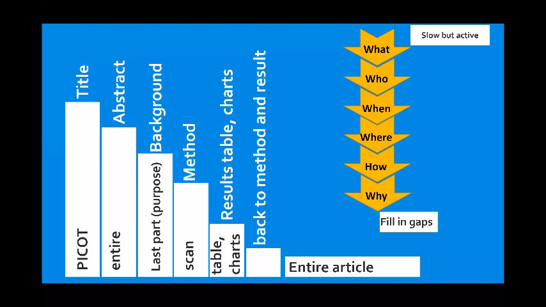So when you go and read that section, you put these words in your mind, and then when you read, okay, this is what, this is who, this is when, this is where, and so on. So you fill the gap of these words. And always take notes when you read any part.